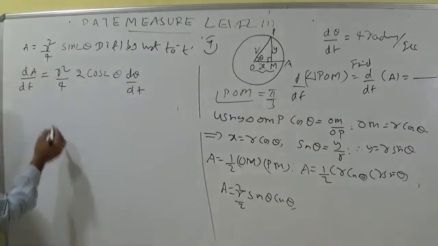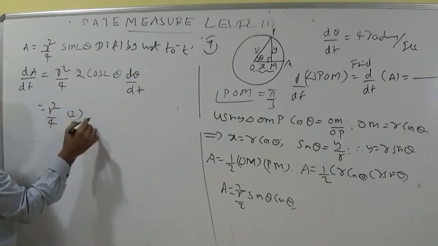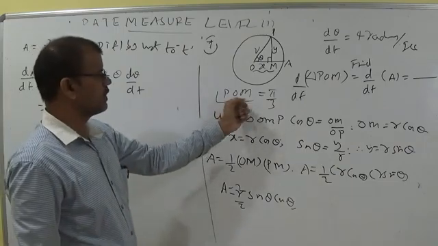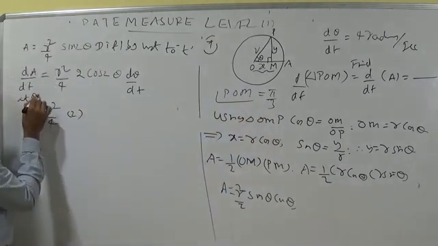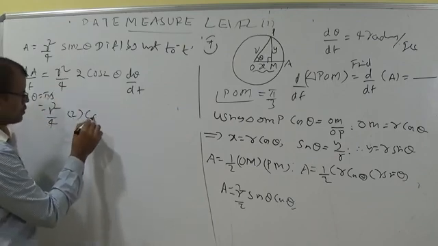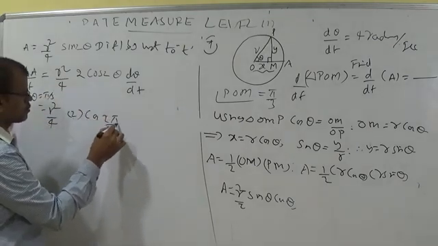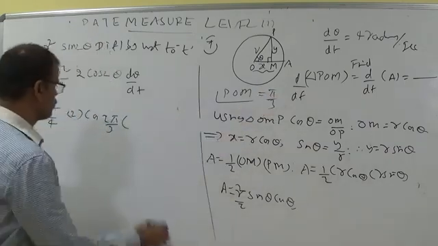Next step, R square by 4 into 2 into cos 2 theta. He has given angle POM theta is pi by 3, so theta is equal to pi by 3. So 2 into cos 2 pi by 3 into d theta by dt value 4.